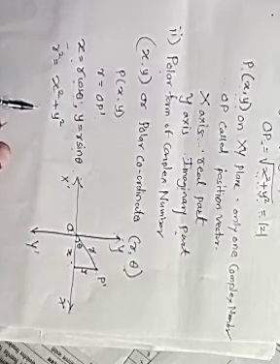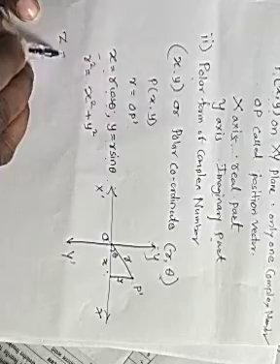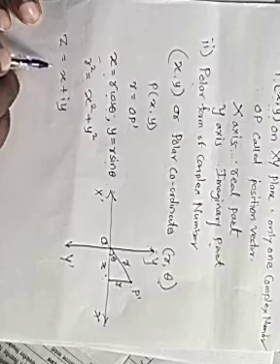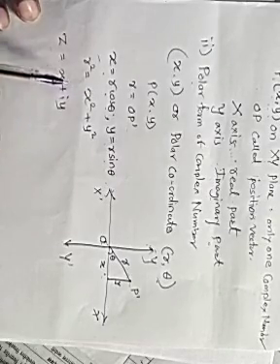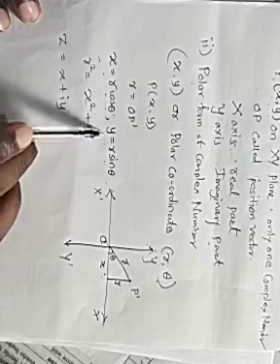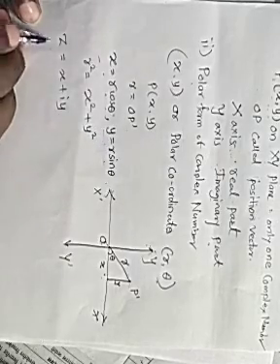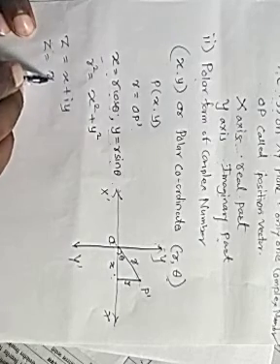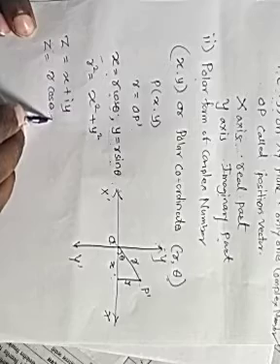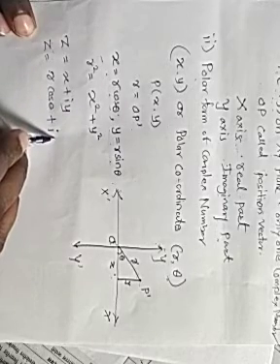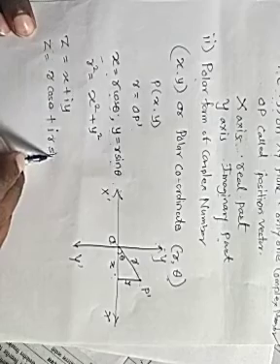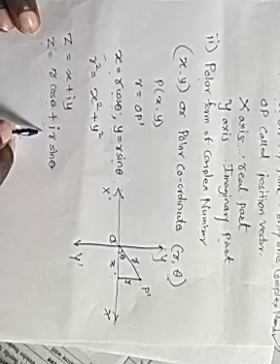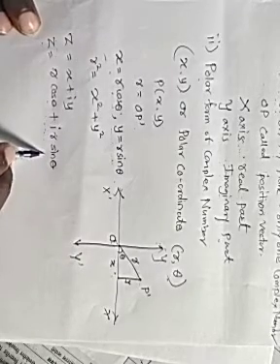So the complex number z can be represented as z equal to x plus i times y. We know the value of x and the value of y, so putting these values, z is equal to r cos theta plus i times r sin theta.